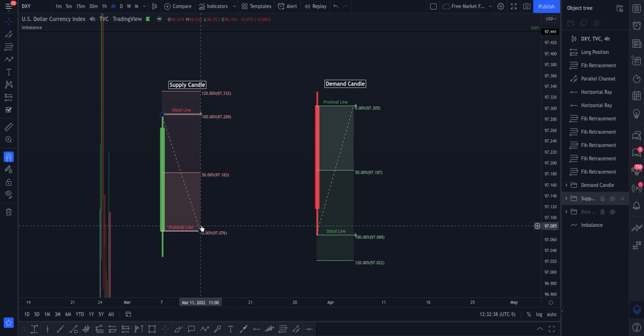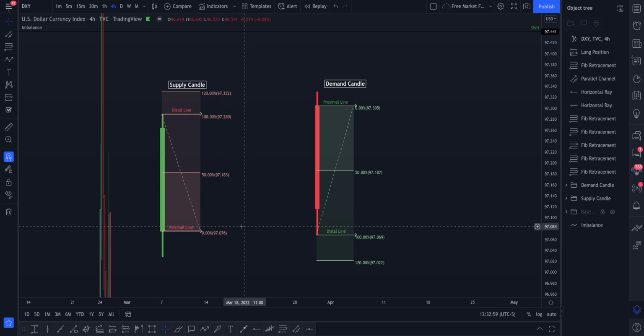The opening of the candle is our proximal line, and the high of the bull candle is our distal line. Whenever we draw this out, we start from the high and draw it down to the open.